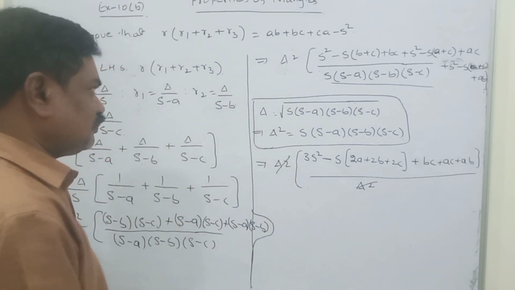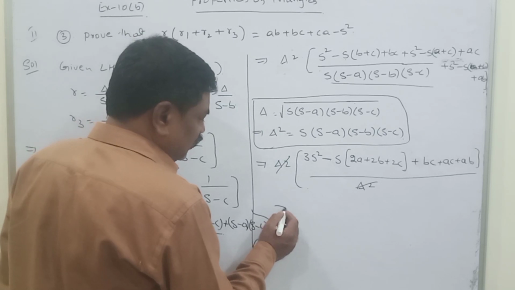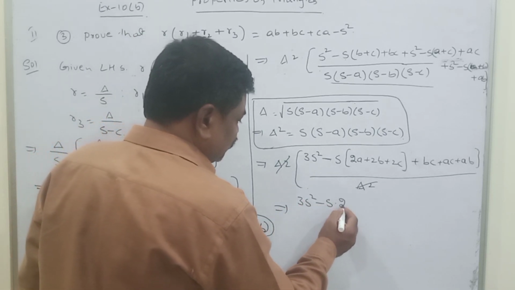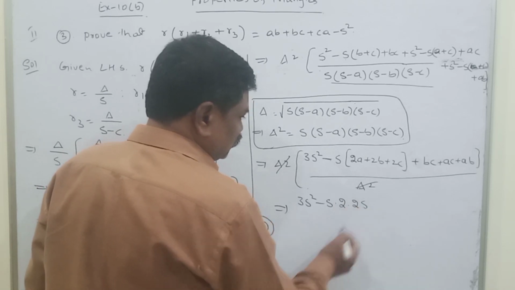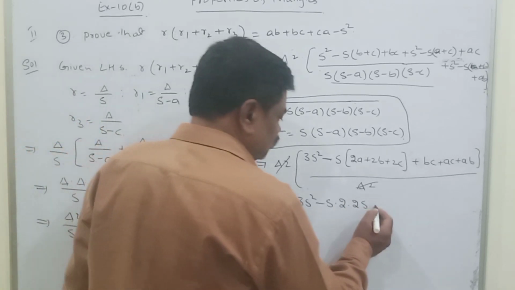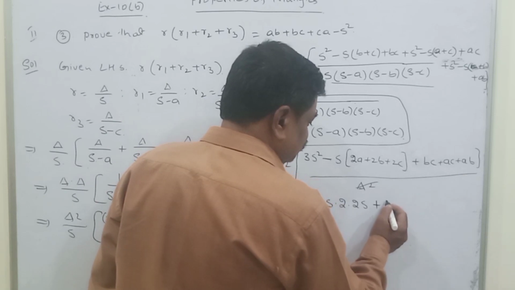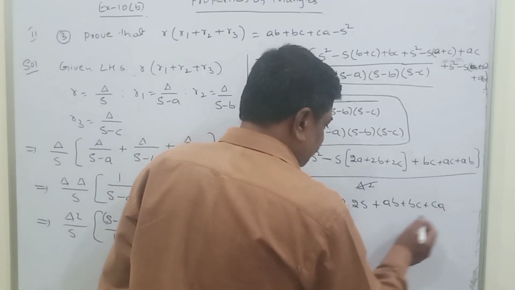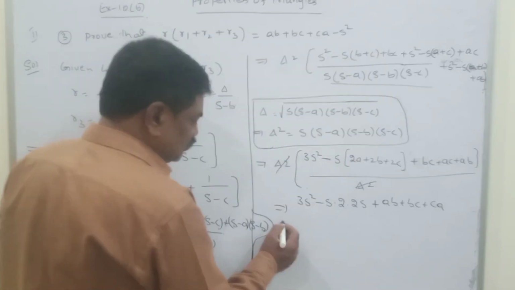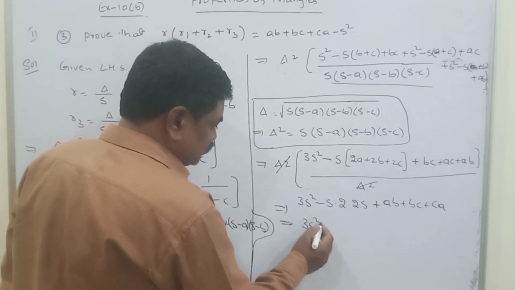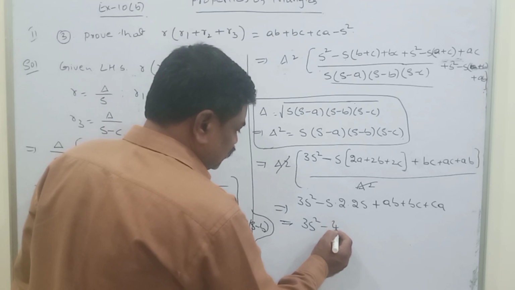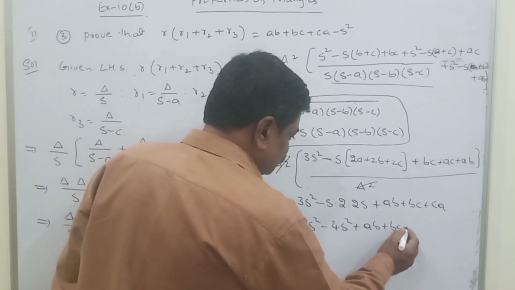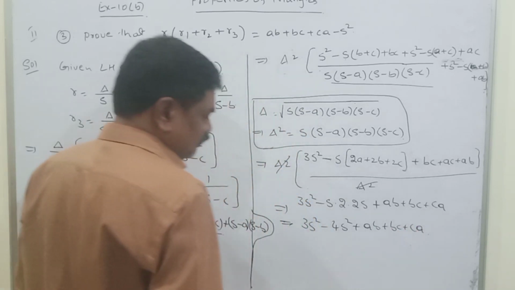Delta square cancel. Then what we will have? 3S square minus S into 2 into 2S. So you can write in order AB plus BC plus CA. So this is 3S square minus 4S square plus AB plus BC plus CA.